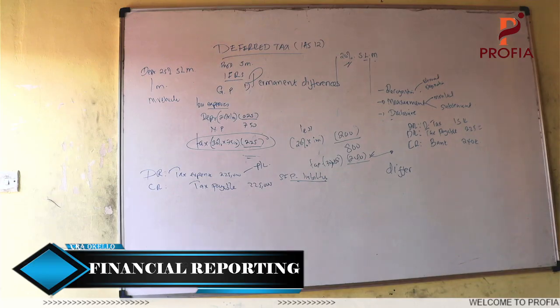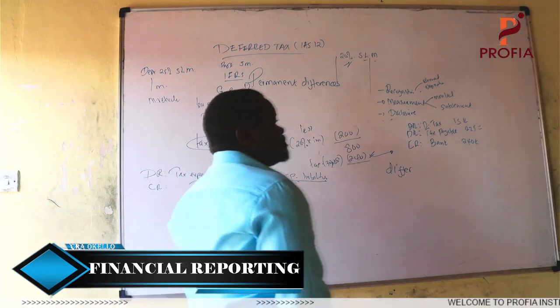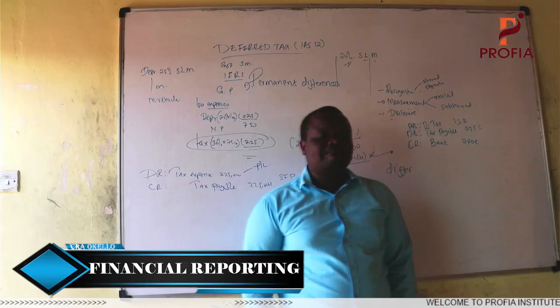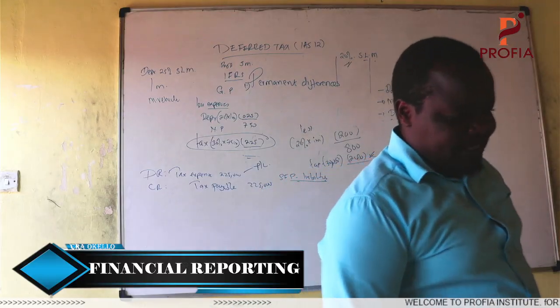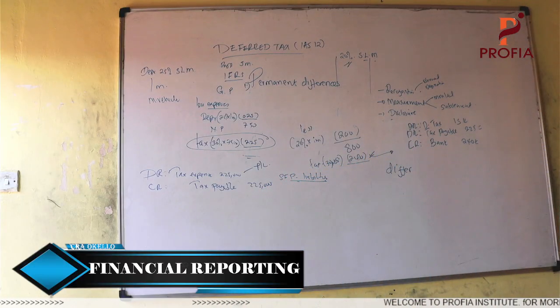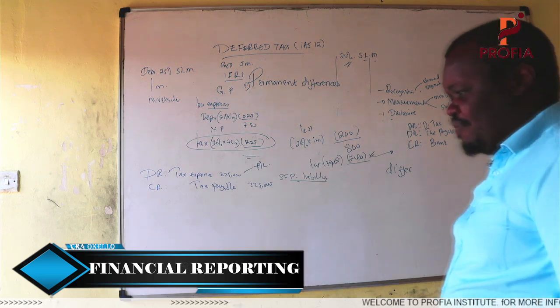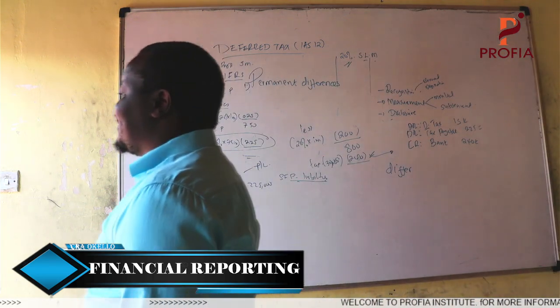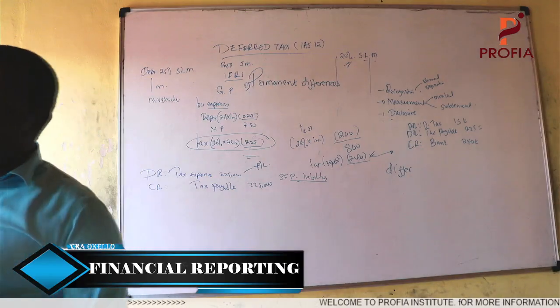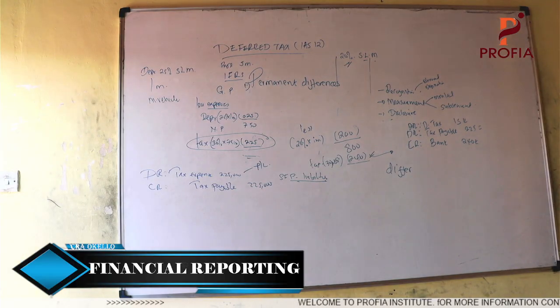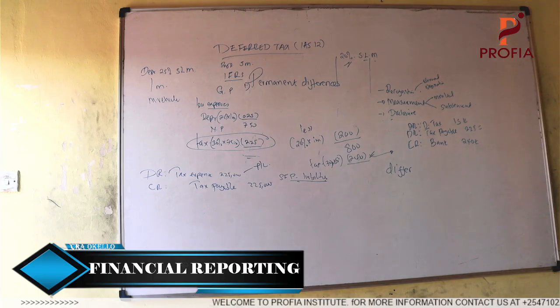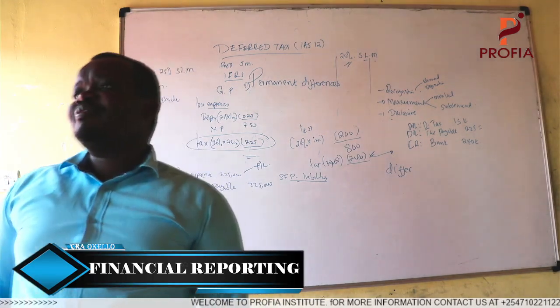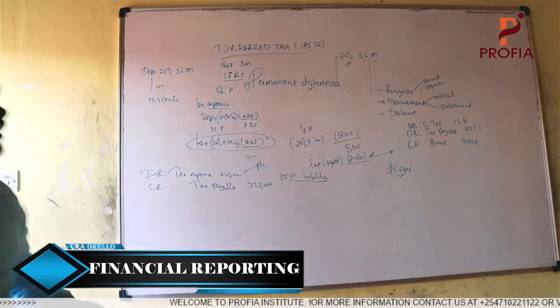Temporary differences. These are the differences between the carrying amount of an asset or liability and its tax base.